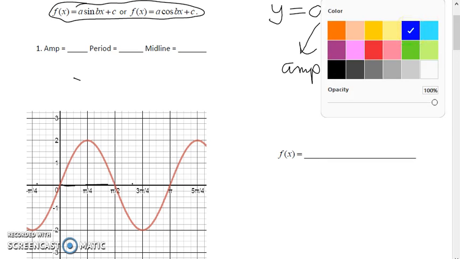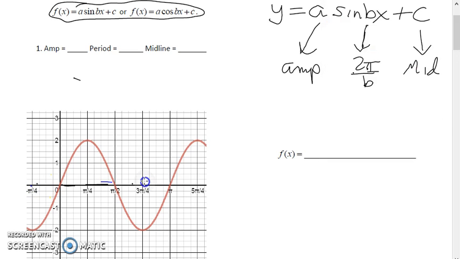So now we have the midline's at 0, so I'm just going to go up here and write y equals 0. But also remember, whatever the midline is, that's also the C value in our general equation.